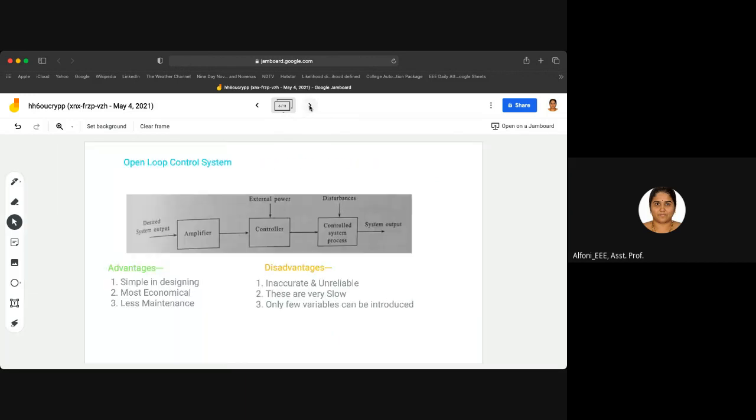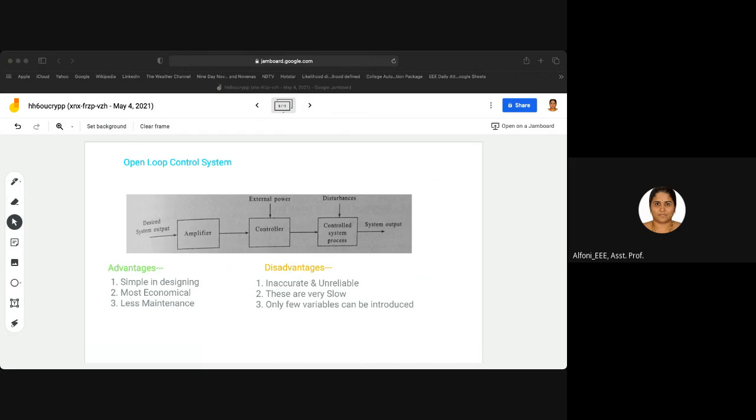So now let's discuss this classification. Let's see what an open loop system and the closed loop system are. In an open loop system, the control action is independent of the system output. That means the output depends only on the input.